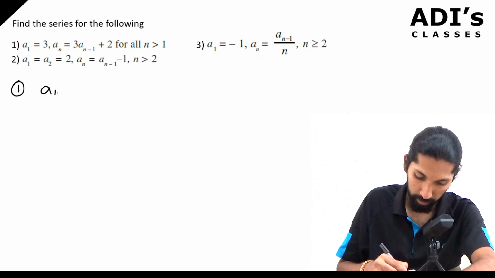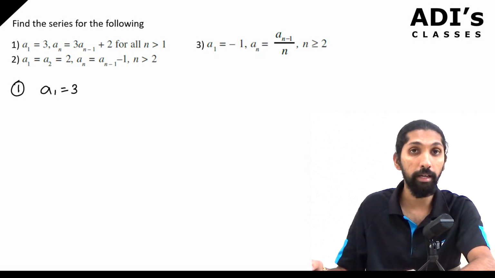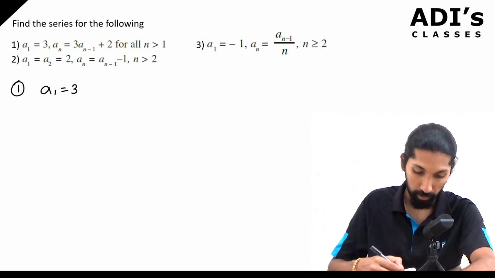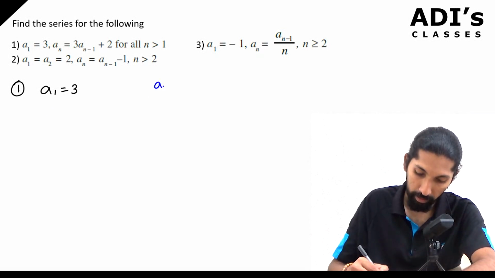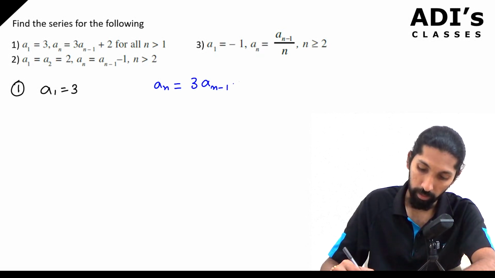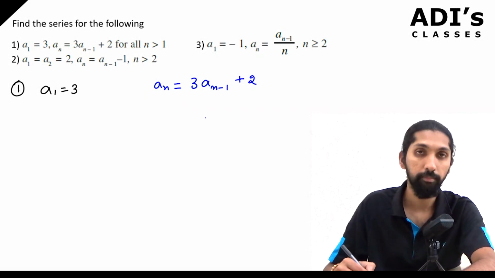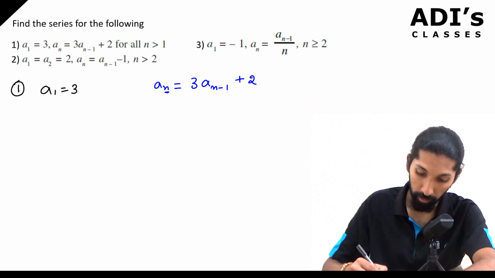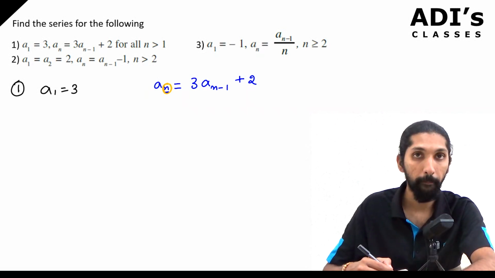So a1 is 3. Now for a2, we use the nth term. See, nth term is what? a_n is equal to 3 times a_(n minus 1) plus 2, correct? Now put n value as 2. That means here we are putting n value as 2.